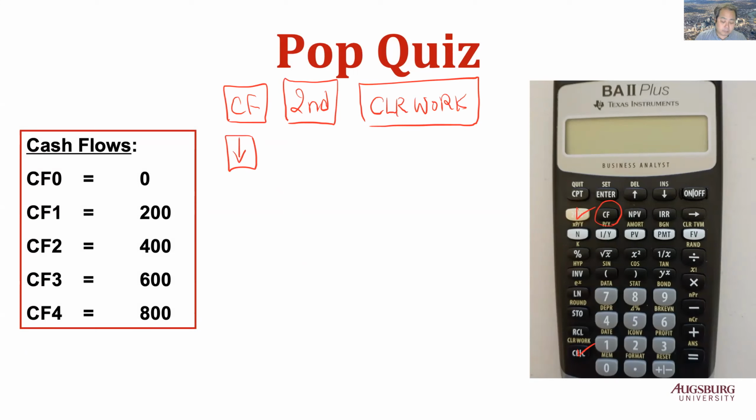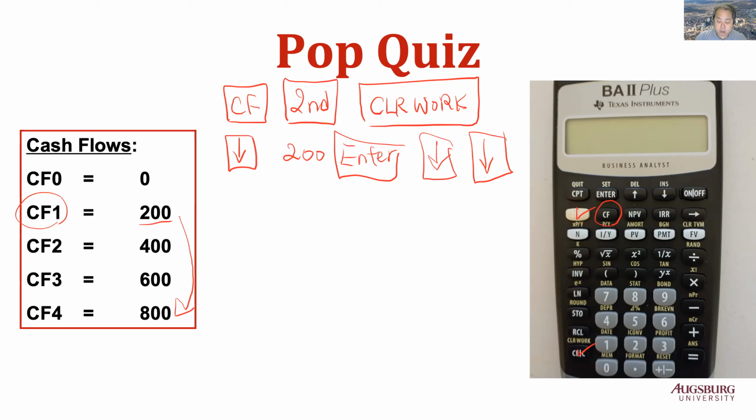Okay. Then C01 is 200, so press 200 and enter. Then you have C01 equals 200, and down. There's no same cash flow in a row, so just leave F01 equal to 1 and down.